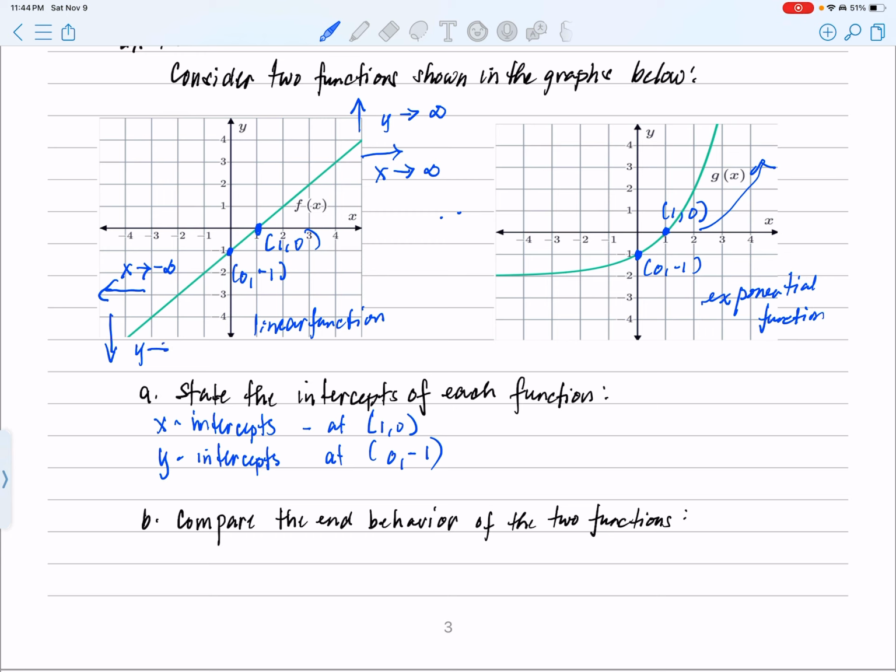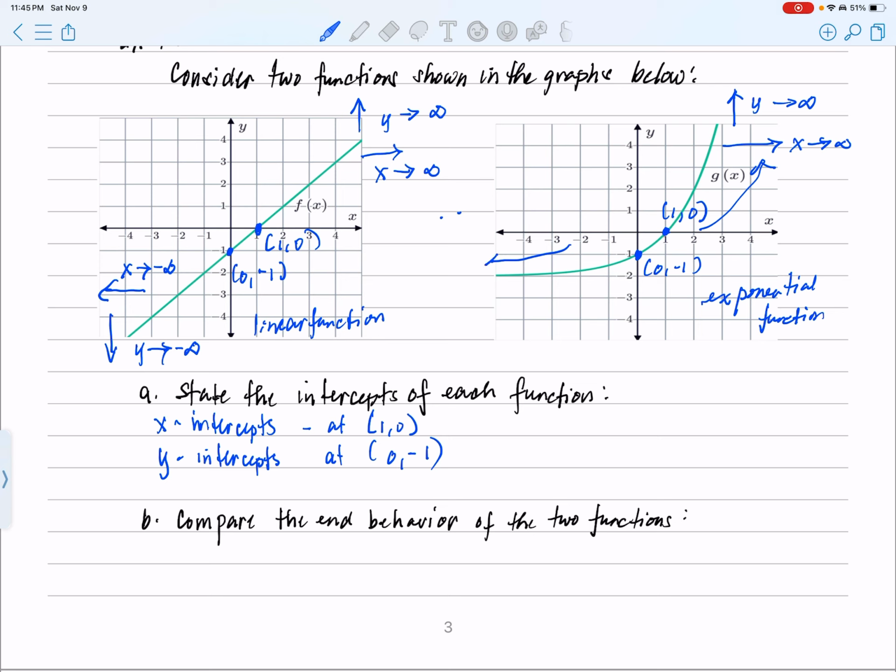All right. How about the exponential? Let's look at the graph. At the far end, x approaches positive infinity, and going up, y approaches positive infinity. While on the left, the graph curves that way.